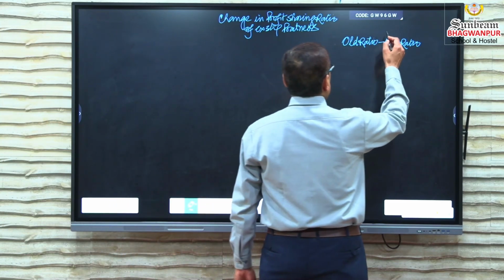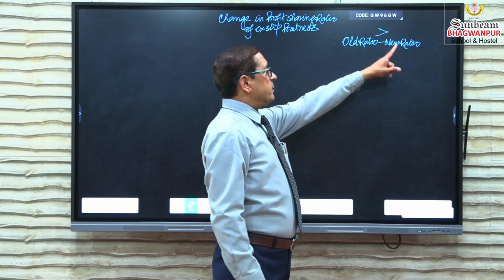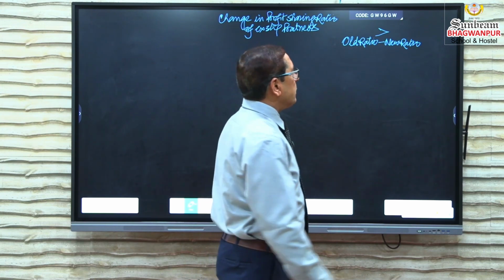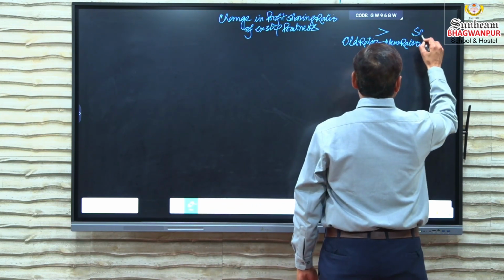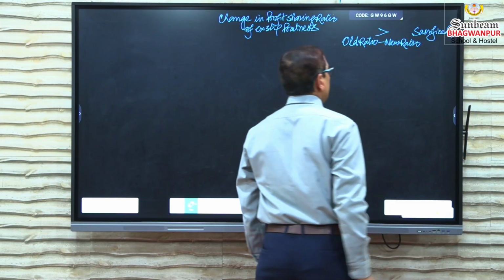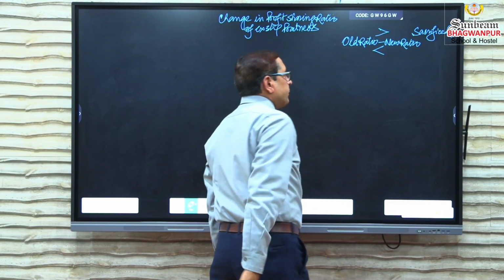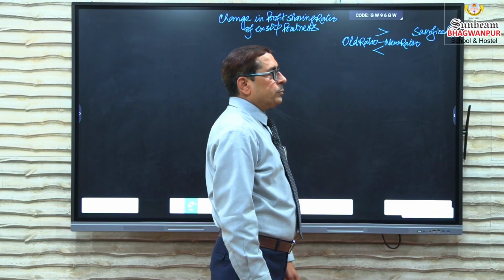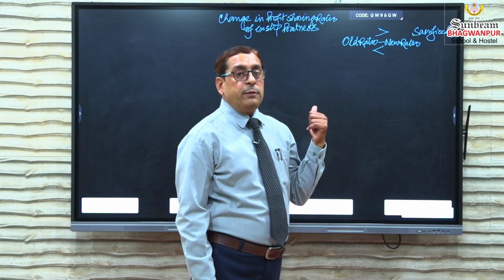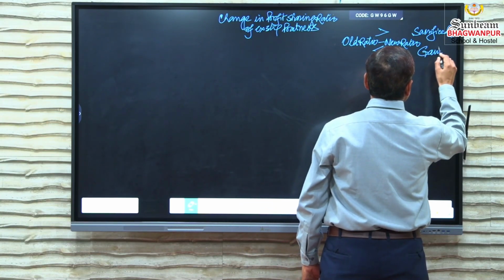If the old ratio is greater than the new ratio, it means partners have sacrificed. If the old ratio is less than the new ratio, if the new ratio is greater than the previous one, that partner has gained.